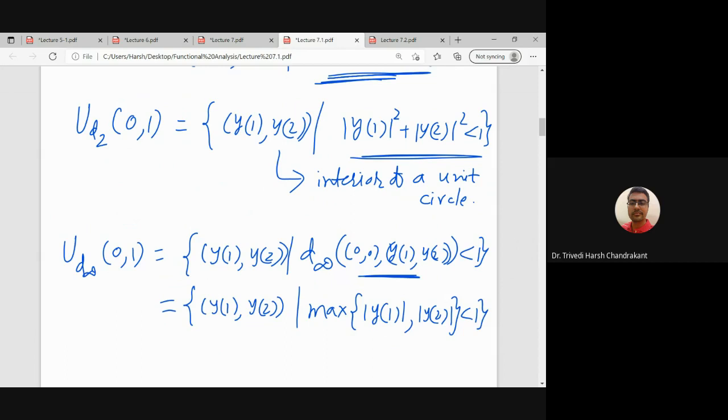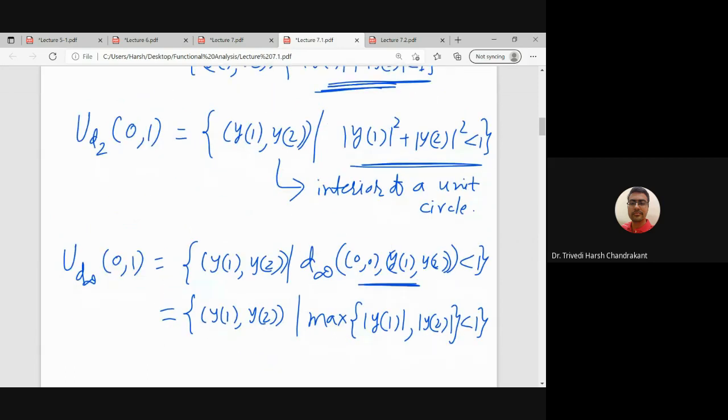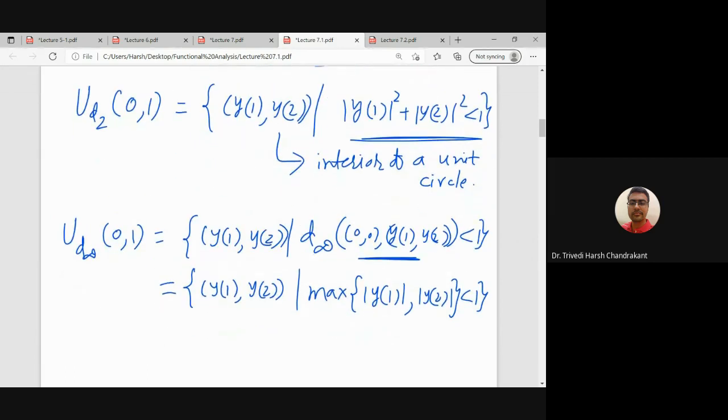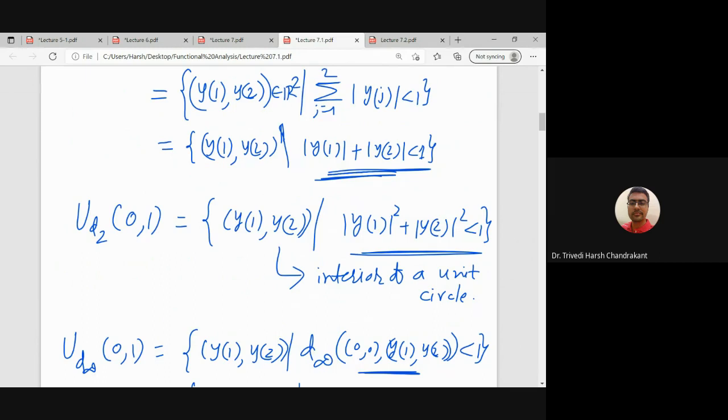So what we are using is we defined d1, d2, d infinity on Kn, right? So that is what we are using here. K is R and n is 2. So what is shape of this? Right. So here we know the shape is inside unit circle.